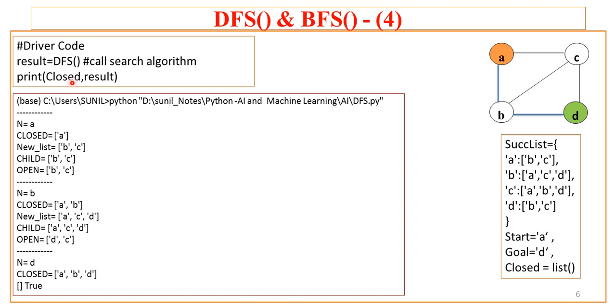Whether the operation of DFS is successful or not, the closed always maintains all the visited nodes till the last step of execution. Now result will tell us whether the execution of DFS was successful or not. That means the goal node was found or not. So that is printed here.